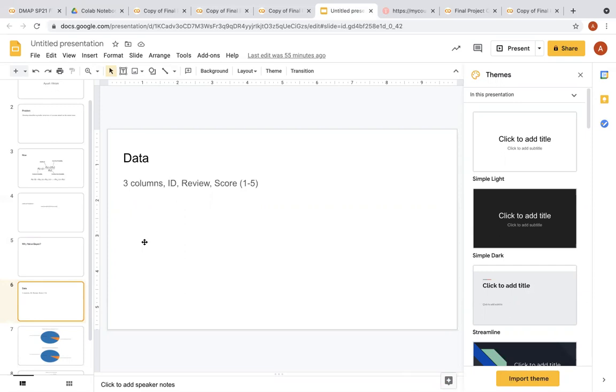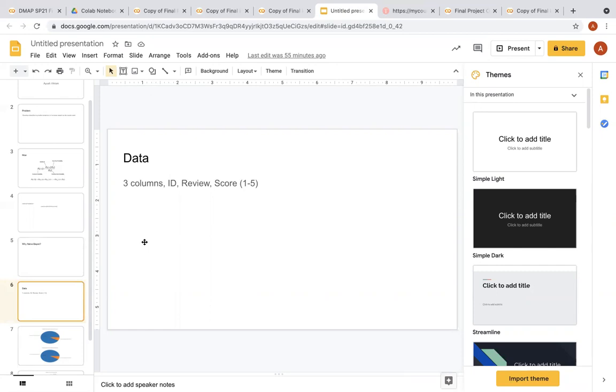Each row consisted of three columns: the ID, the review, which was the actual review in words, so each review was a string, like, oh, I had a great experience, I learned a lot, and so on.